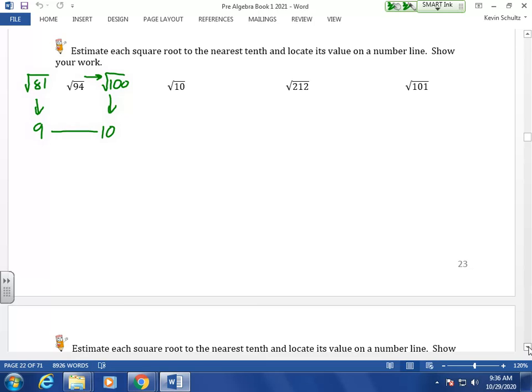Therefore, it's going to be closer to 10. And so when you place your dot closer to 10, then you might think 9.6, 9.7, 9.8. Those are the numbers that are between 9 and 10 that are closer to 10. Okay, so that's the work that I need to see here. Right? That is correct. Yes, that is correct.